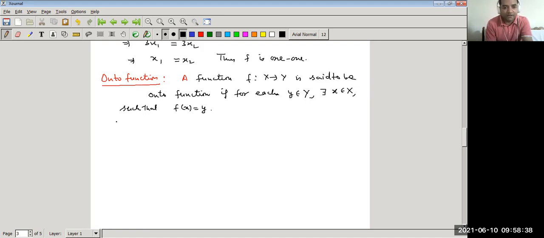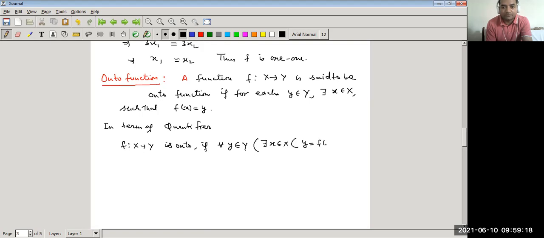So in terms of quantifiers, we can write f from X to Y is onto if for all y belongs to Y, or sometimes we read given any y belongs to Y, there exists x belongs to X such that y is equal to f of x.